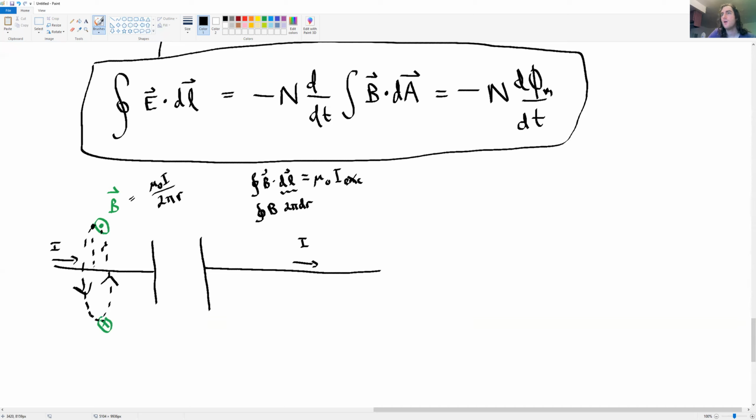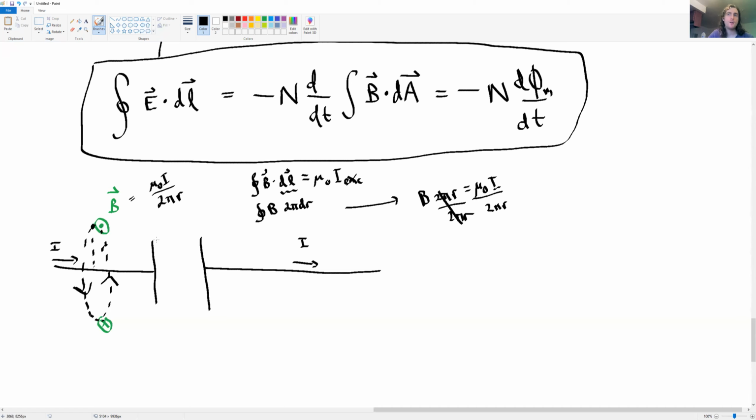If we integrate over the entire loop, that's taken care of by the 2 pi. So what we end up with is B times 2 pi r equals mu 0 I, and then we divide both sides by 2 pi r. Okay, so I've reminded you how we get that answer. I won't do it again.